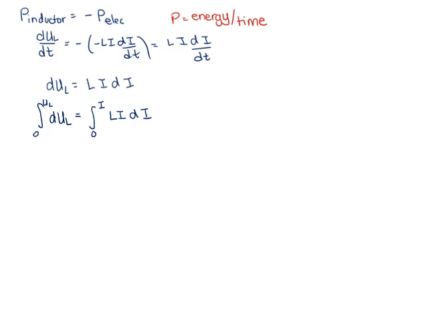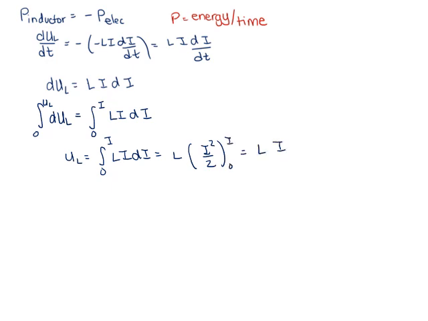So the integral of dU is just U. So UL, potential energy stored in the inductor, is the integral from 0 to I times L times I dI. L comes out front, that's a constant. The integral of I dI is I squared over 2. That's evaluated at I and 0.